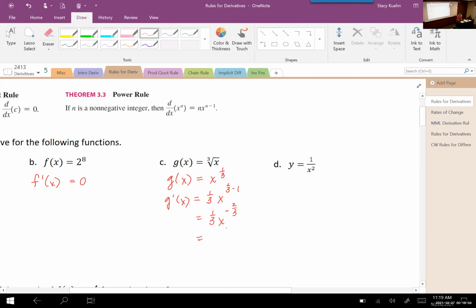So we don't usually leave it like this. We don't usually leave it as a negative exponent. What do we know about the negative exponent rule? If I change its location, it changes the sign of the exponent, right? So this would be 1 over 3x to the positive 2/3.